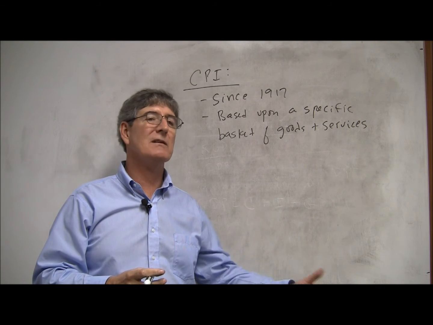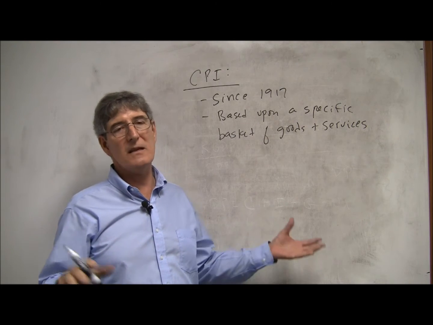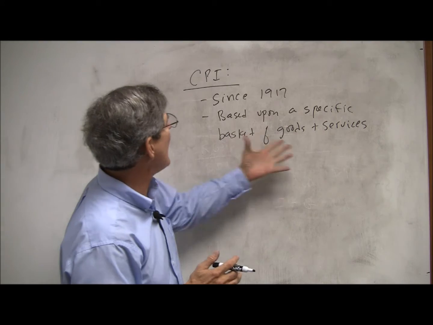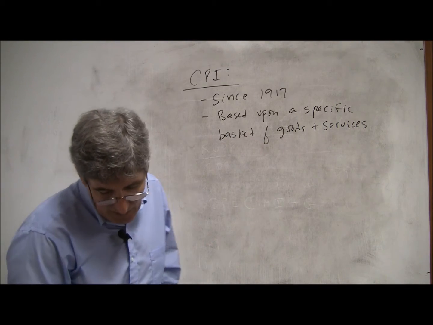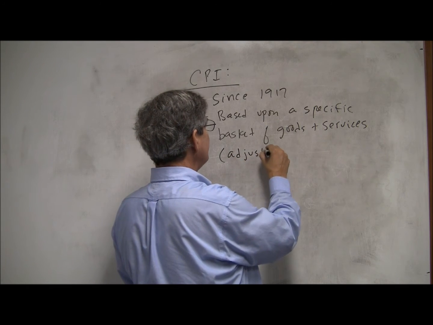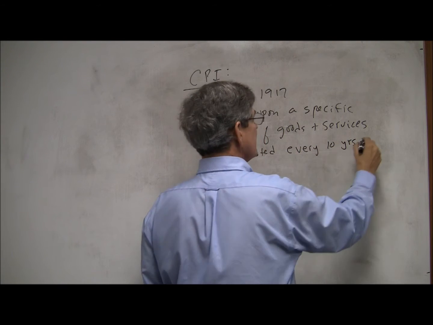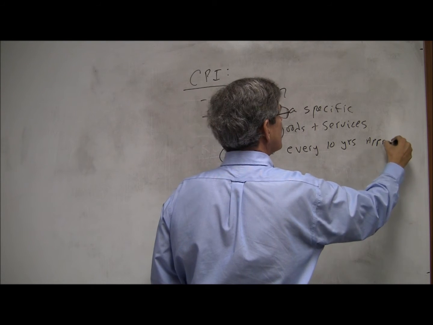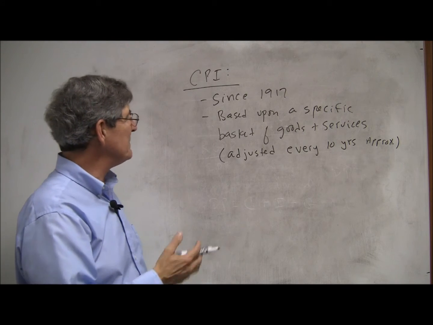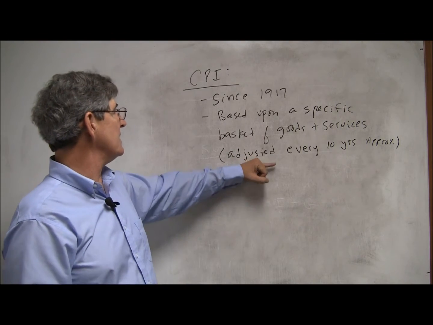How much housing, how much car, how much gasoline, how much food, how much clothing, schooling expenses, anything you can think of is going to be in here. So this is the basket of goods and services that the typical household consumes, and that changes over time. It's adjusted approximately every 10 years. In 1940, they didn't have computers or cell phones in the typical basket. They didn't have iPads. So you need to update this basket of goods, and they do that about every 10 years.